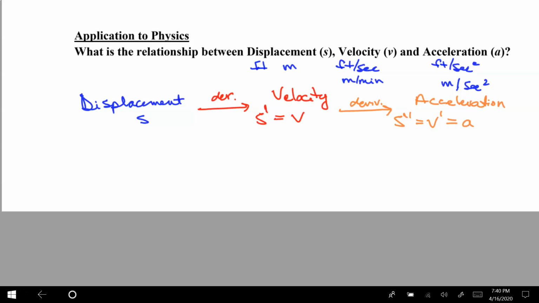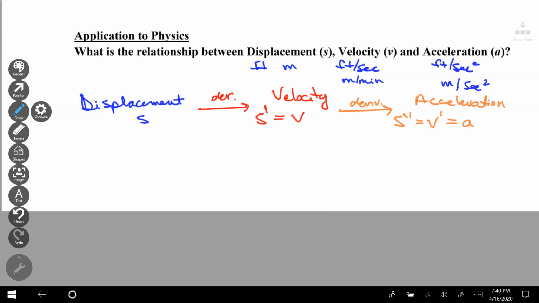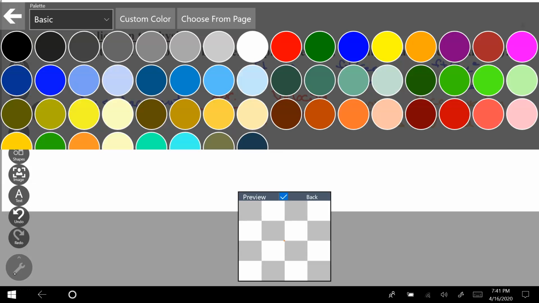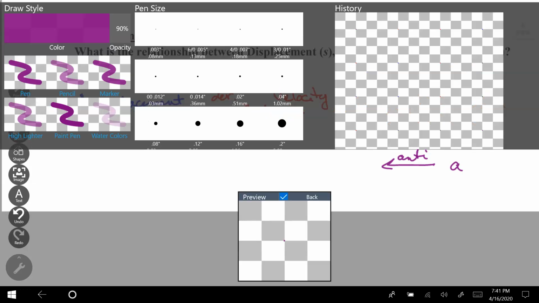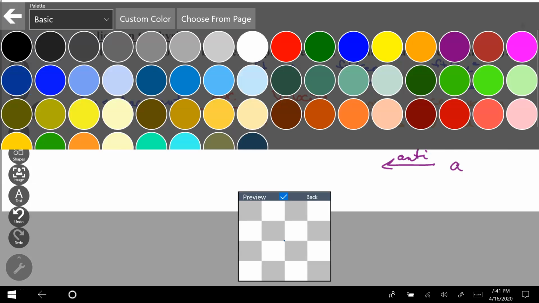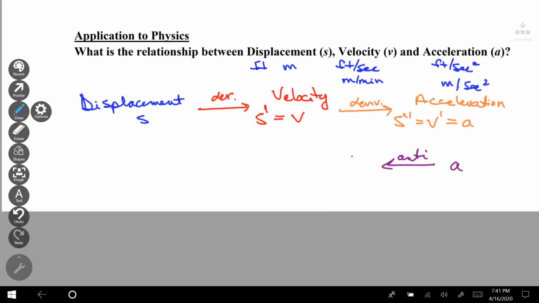So how do we work backwards? Well, this is interesting to see how we can work backwards, because that's what we're going to work on today. If I have acceleration, and I want to take the antiderivative, well, what do I get? I get that the velocity is equal to the antiderivative of acceleration.